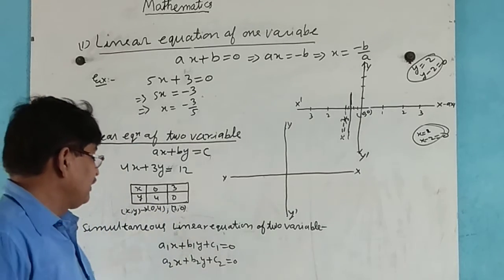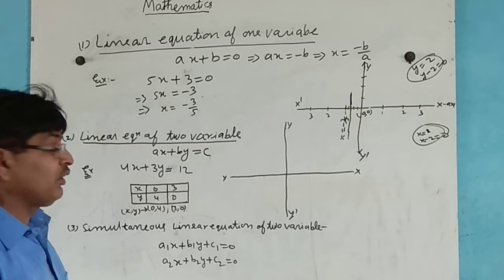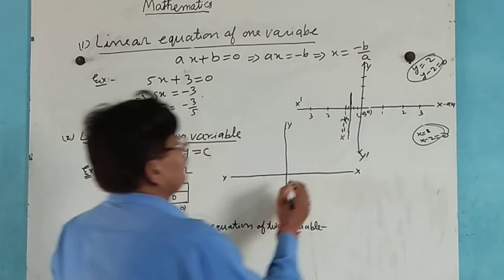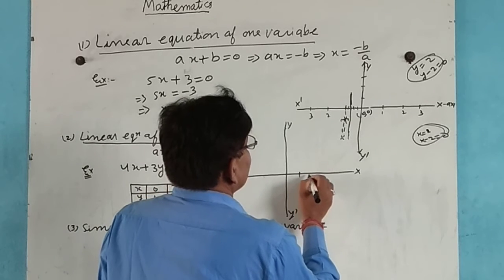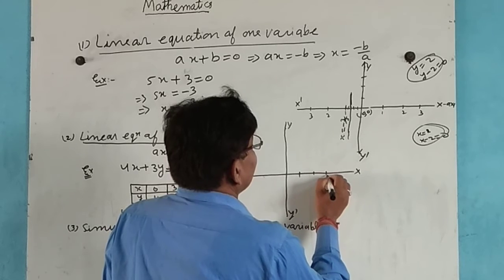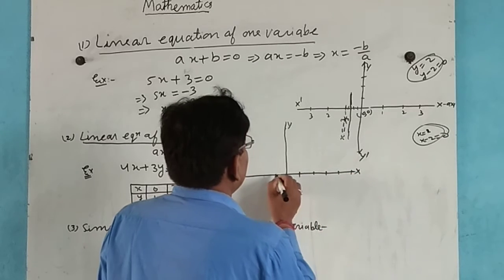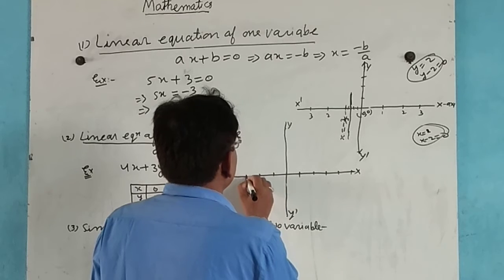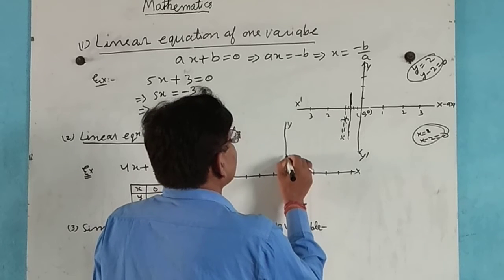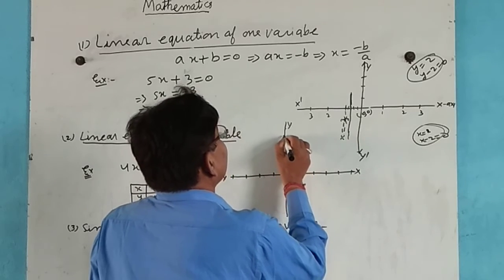Now we plot these points on the graph paper. 0, 4: 1, 2, 3, 4, taking similar distance.